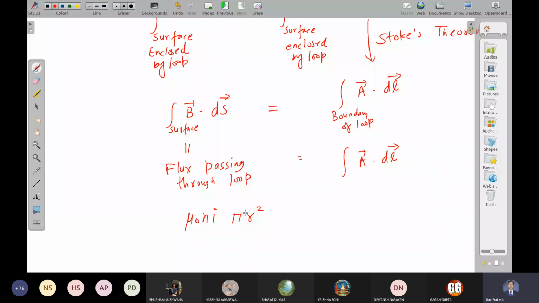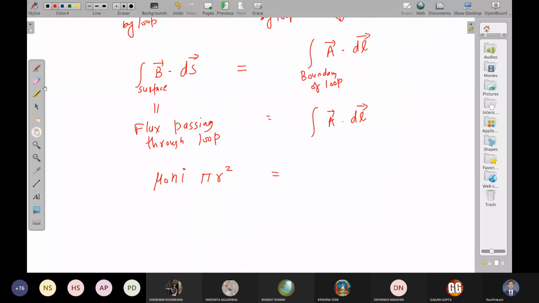Vector A dot dl. So what is vector A on this side? The most general form of A can be this. Some radial component, some theta component, and some z component also.